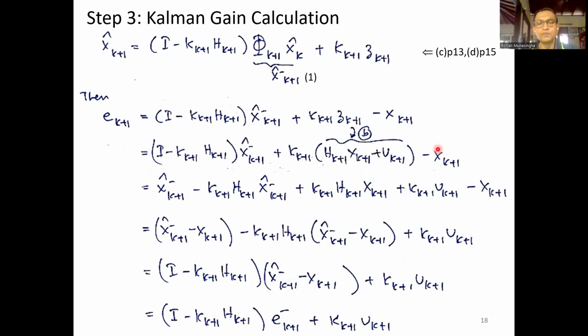Then I do some manipulations over here. You can see I minus KH x hat k plus 1. This is the predicted value coming from previous state to the present value, right? Predicted value at k plus 1 by Kalman filter. Plus you have K over here. Now you don't have K dash. It's already gone. Then you have z k plus 1. So what is z?